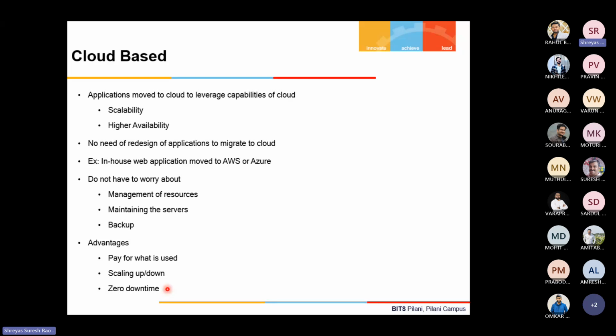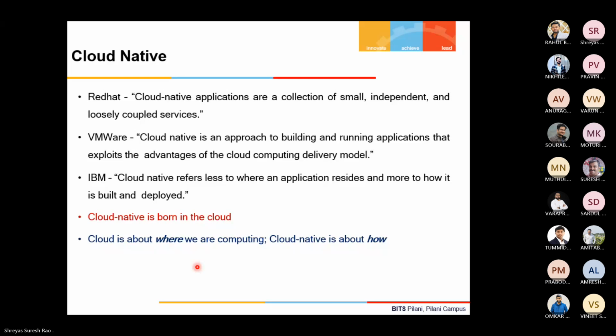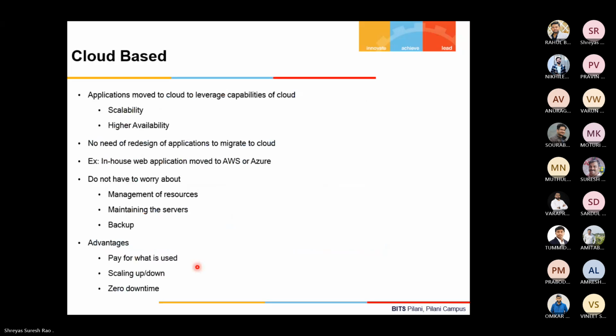There are many options like Canary, Blue Green, okay, deployment options through which we can enable zero downtime. The application will not have any downtime. The availability is high, as well as when we want to change the versions, there will be no issues in that. So this kind of application is called cloud-based. Cloud enabled and cloud based.